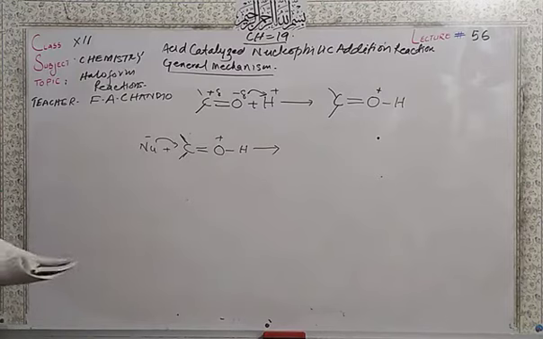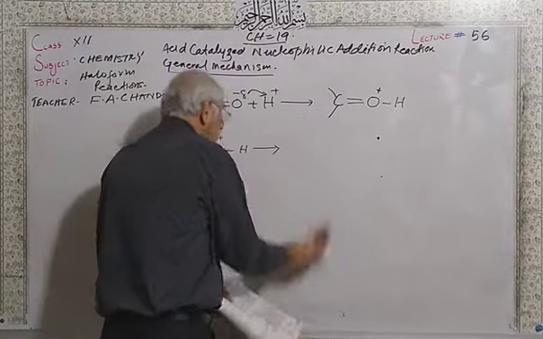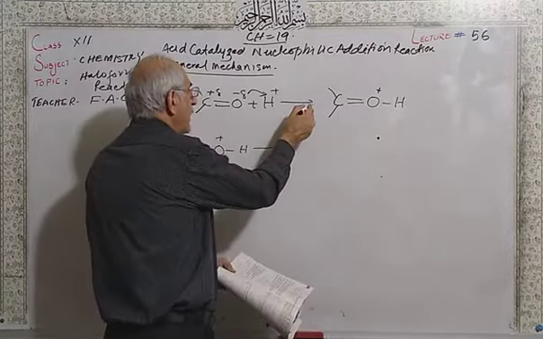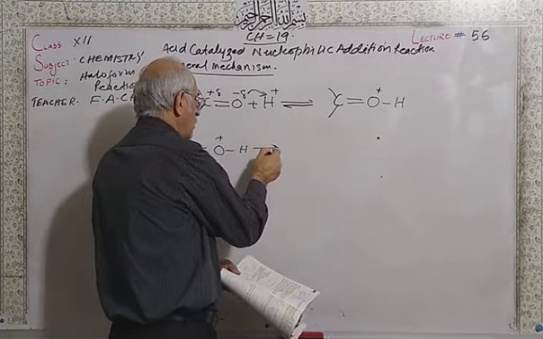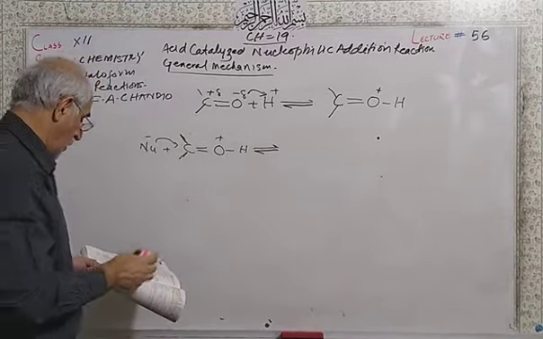The pi bond of the carbon-oxygen bond is going to be broken. These are the mechanisms we write reversible. Mostly we write mechanism reactions in the reversible form.